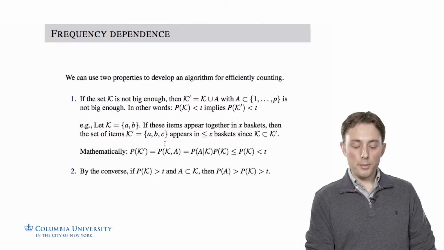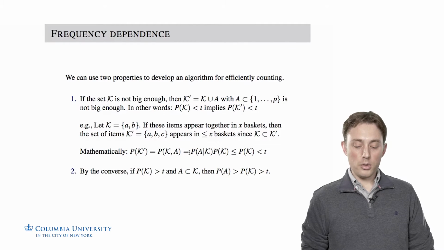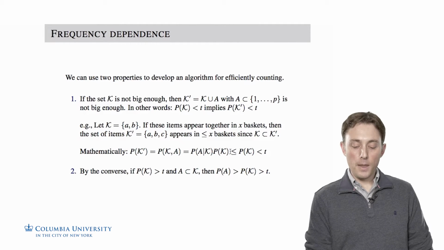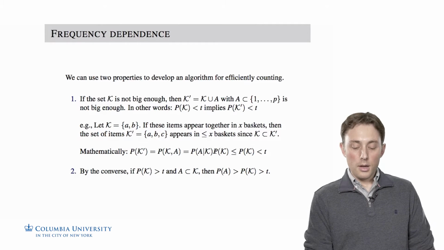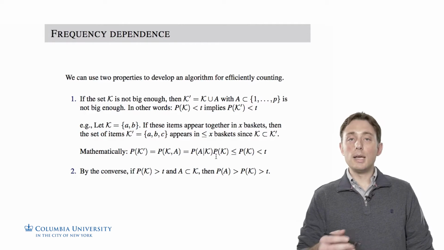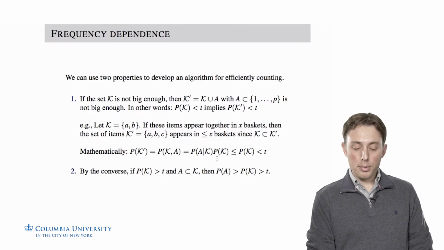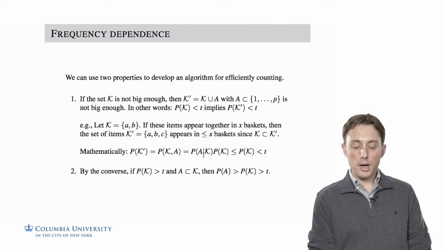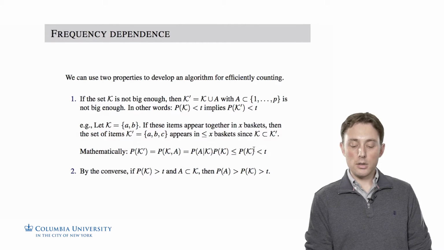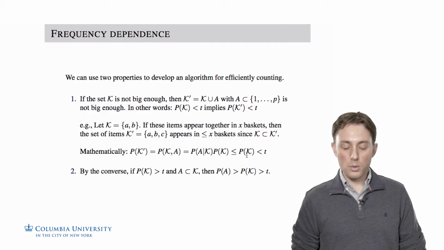We can write this joint probability as the conditional probability of A given K times the marginal probability of K. Because a probability has to be less than 1, we know that the product of these two numbers must be less than P of K. We take P of K and multiply it by a number less than 1 that has to reduce the size of P of K. So the product of these two numbers has to be less than or equal to P of K. If this is 1, then it would be equal.